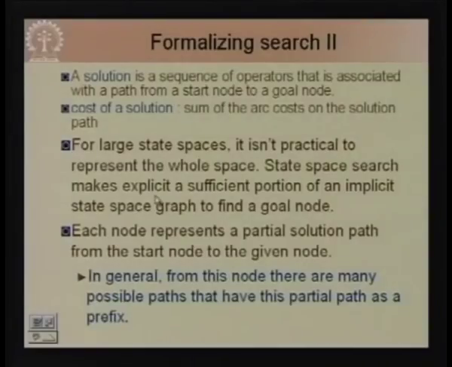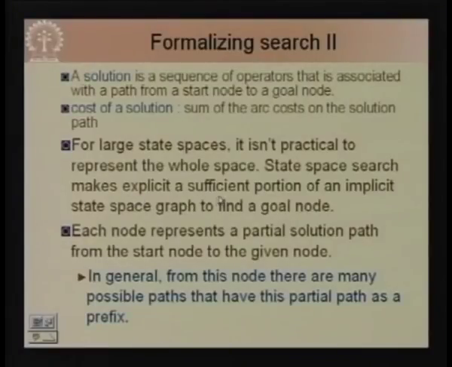Rather, as we expand and generate nodes, we will make explicit only a portion of the implicit state space graph that is required for us to obtain a solution. We need not unfold the state space all at a time. So, we can work with implicit state spaces and only make those portions explicit by our successor generator operations.